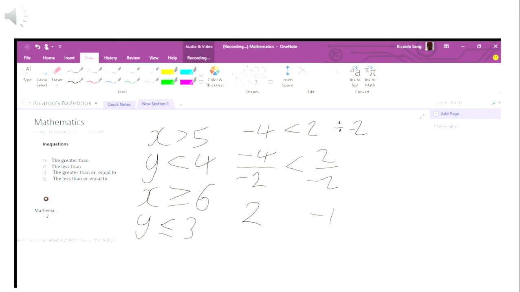So you could not use back the same sign. You have to change the sign. The sign is going to give you the reverse. So that is 2 greater than negative 1. And that is for all inequalities. When you're dividing by a negative number across the inequality, then the sign changes.